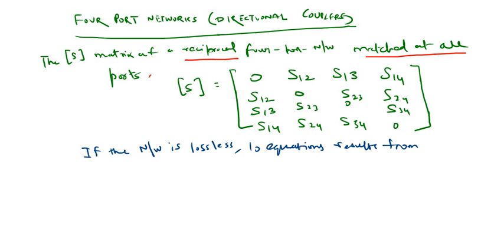I am not going to write all the 10 equations, there is no need for this at the undergraduate level. If you want, you can go to Google and you will find the equations. So there are 10 equations that result from the unitary or energy conservation.